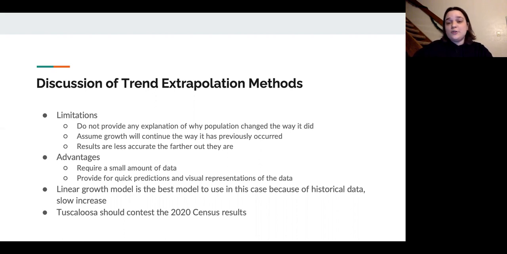And in conclusion, I would recommend that the city of Tuscaloosa does contest the 2020 census results. And now my co-researcher, Jordan Cooper, will discuss the cohort component methods. Thank you.